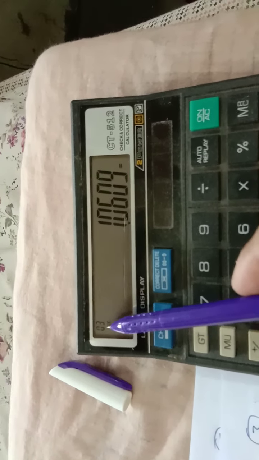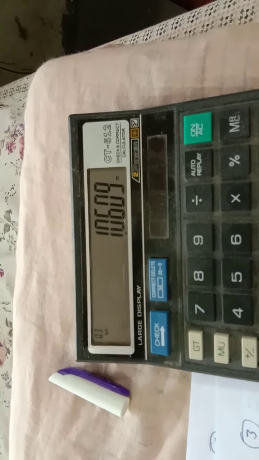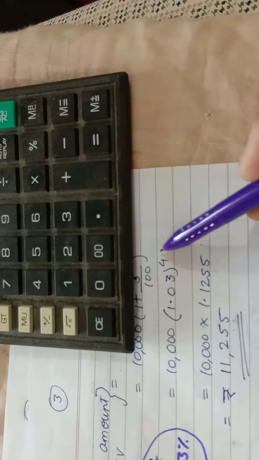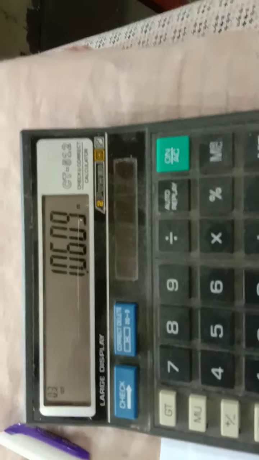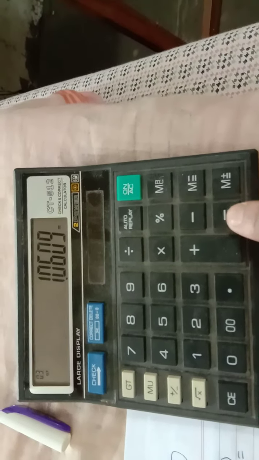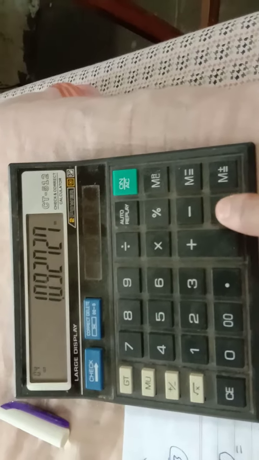So this counter is one digit ahead. We want up to 4, that is we want raised to power 4. So what you are supposed to do is just keep on pressing the equal to sign once.